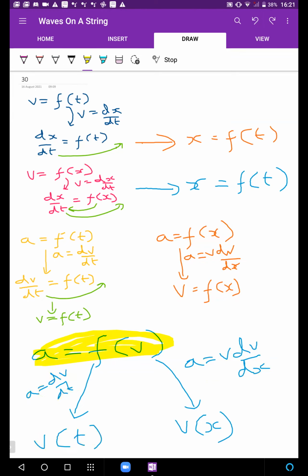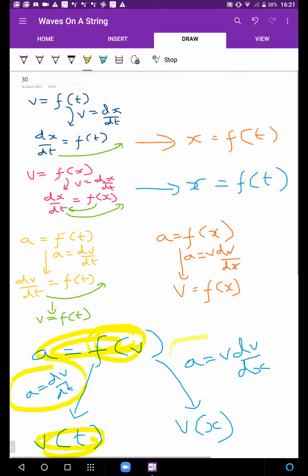All right, so that was just a side note, but the idea is basically make a substitution bearing in mind what you have and what you want, and use one of these three differential equations.